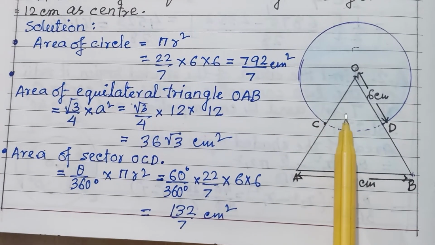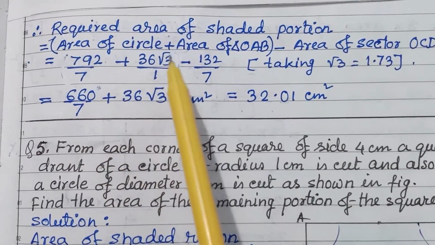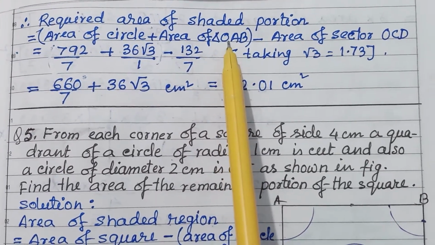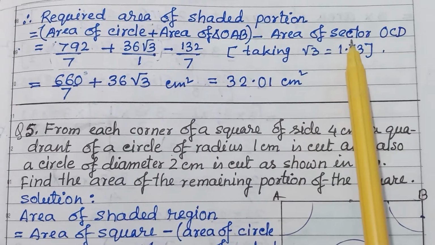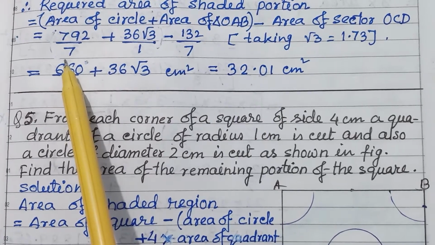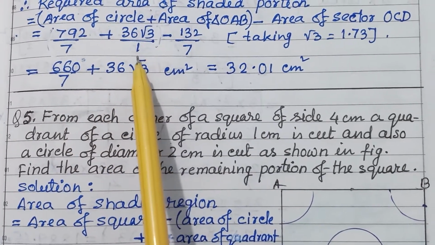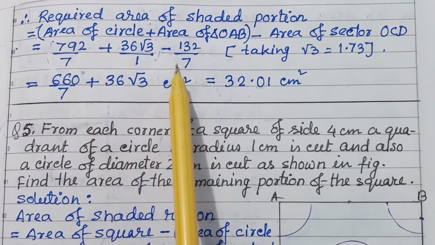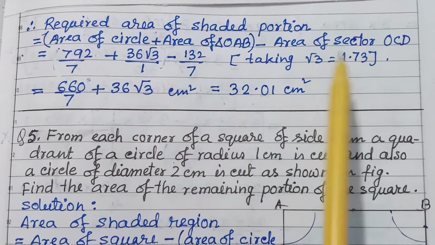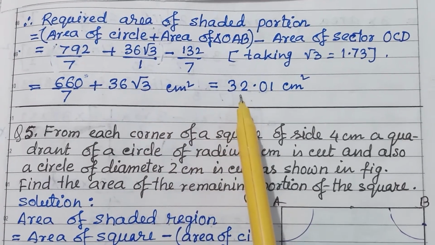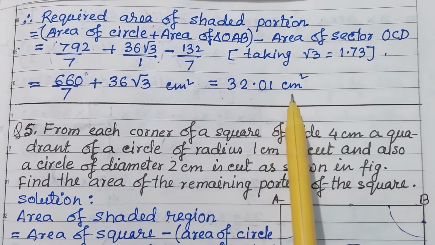Now the required area of the shaded portion is the area of circle plus area of triangle OAB minus area of sector OCD, that is 792 upon 7 plus 36 root 3 upon 1, minus 132 upon 7. By calculation it is coming 32.01 centimeter square.